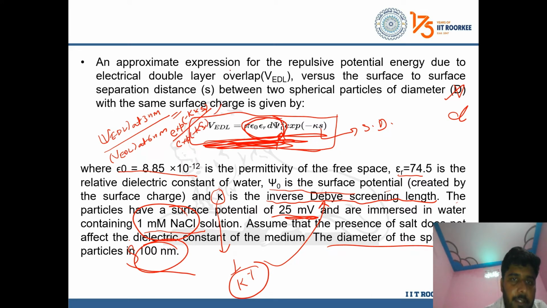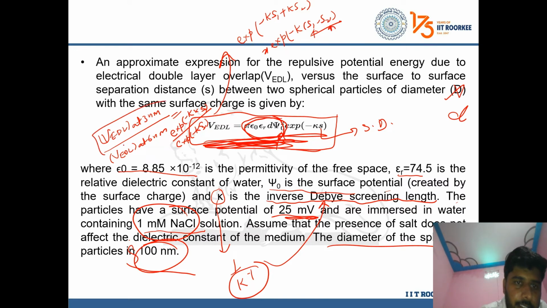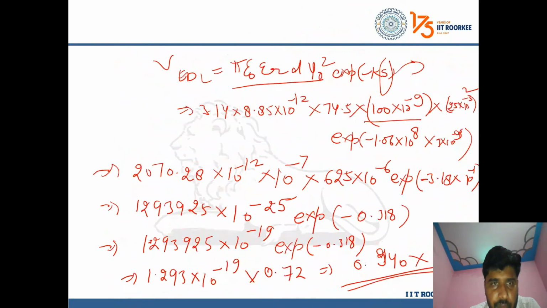As a result you will get exponential of minus k (s1 minus s2). You already have the values of s1 and s2. You have the value of the potential at 3 nanometer, and you can easily get the potential at 6 nanometer. Clear? You don't need to go through these long calculations.